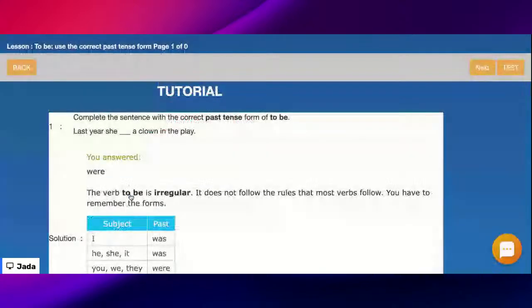So tell me, do you have any questions for the present tense before we start this one?